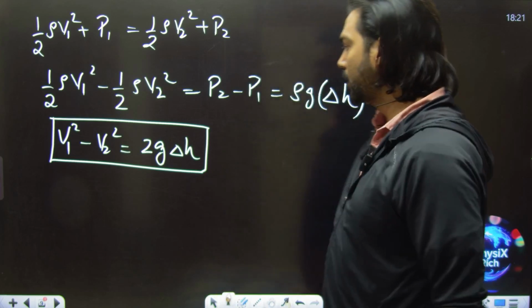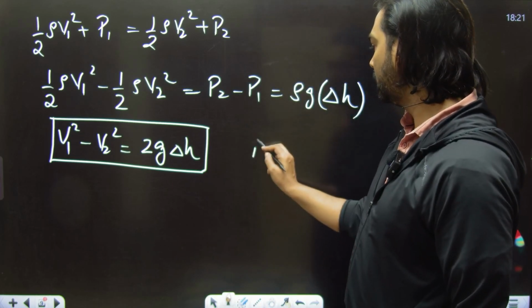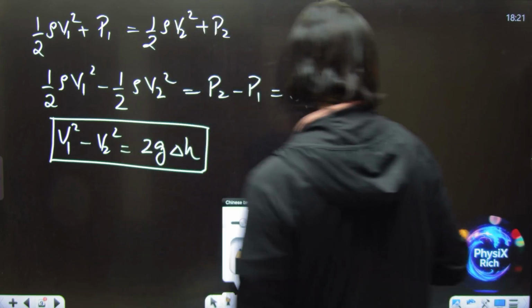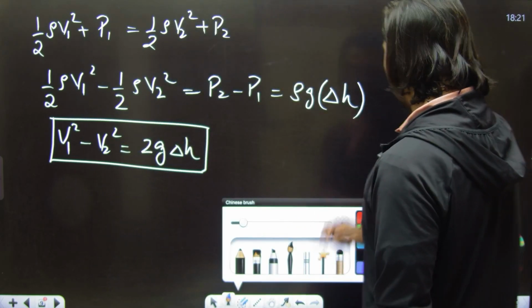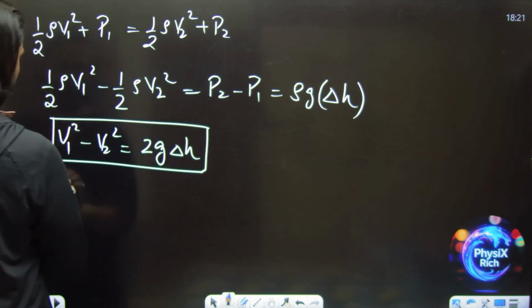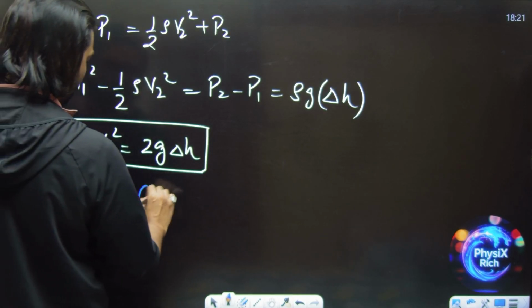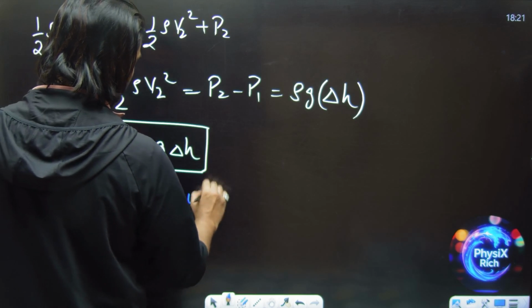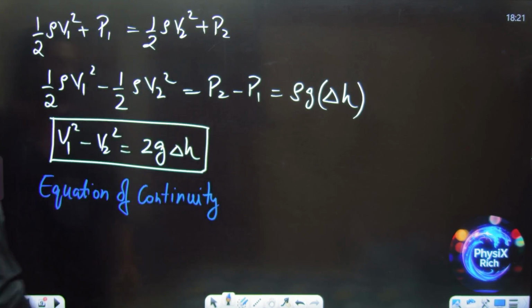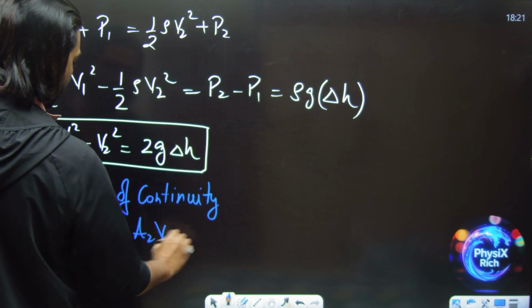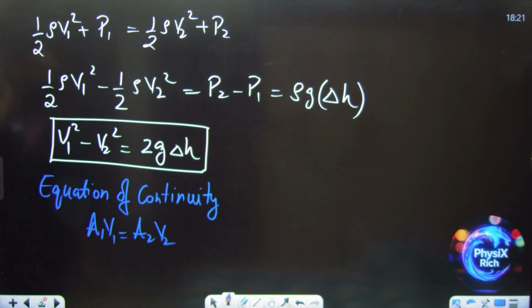Also, we are looking for the continuity equation. Let me write the continuity equation over here. What is the equation of continuity? The equation of continuity is going to give us A1 V1 equals A2 V2.